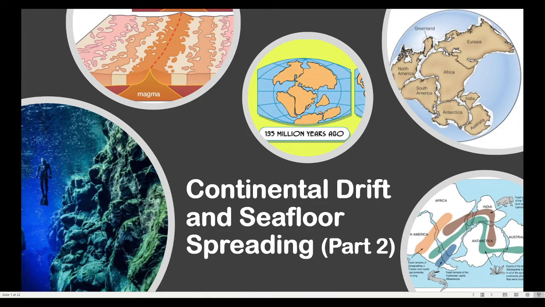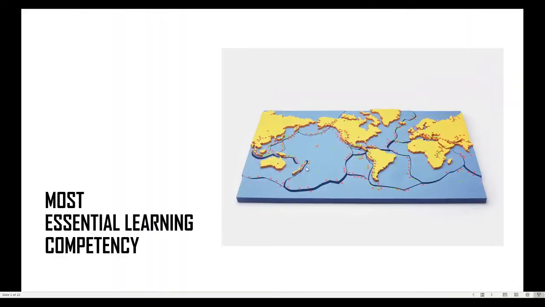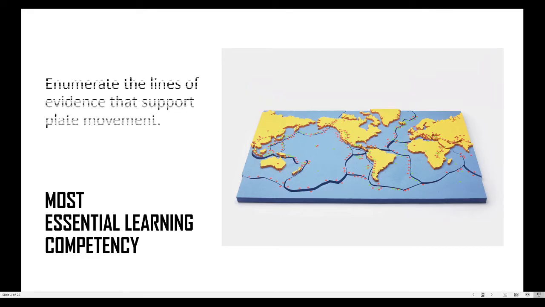As I mentioned last week, this week is the continuation of our lesson about continental drift theory and seafloor spreading theory. This time, the most essential learning competency would be to enumerate the lines of evidence that support plate movement.